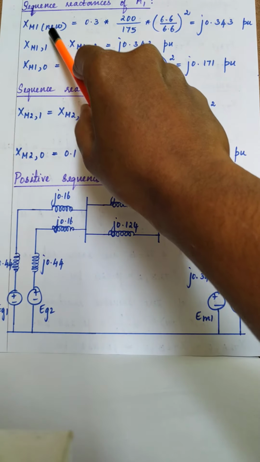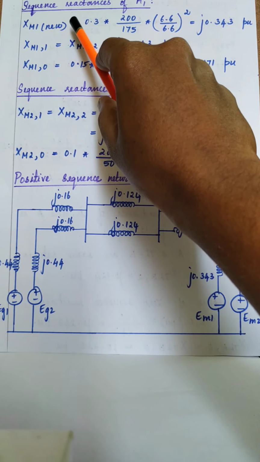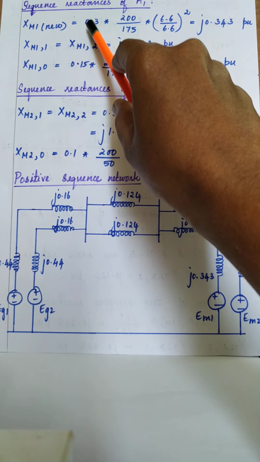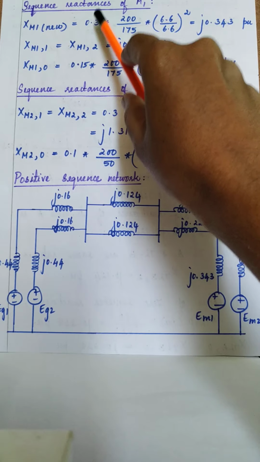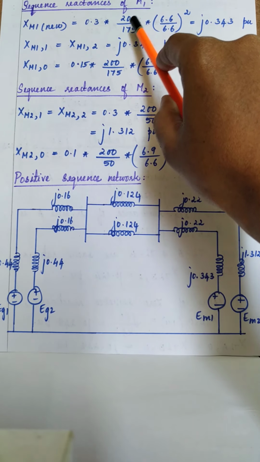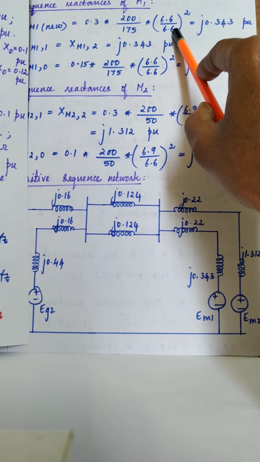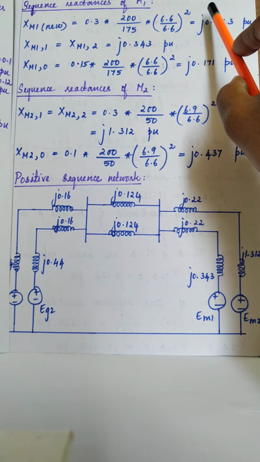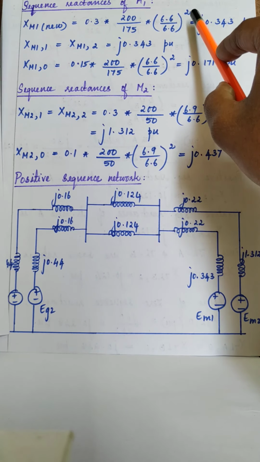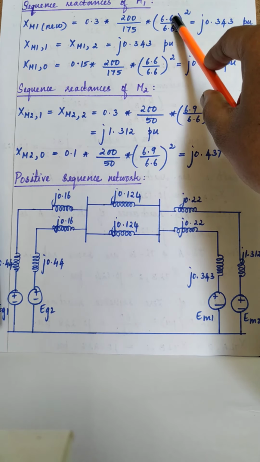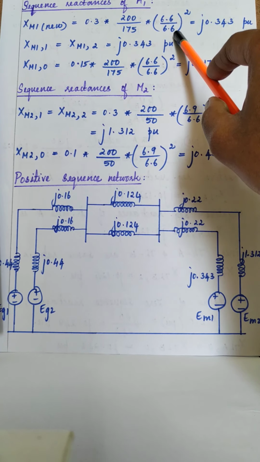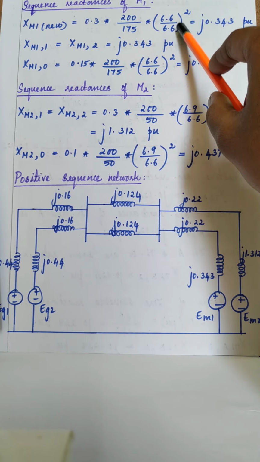So for motor 1, the new positive and negative sequence reactances are old 0.3 into new MVA by old MVA of motor 1. Okay, into motor comes in section 3, where the new KVB and old KVB are the same, 6.6 by 6.6 the whole square for motor 1.